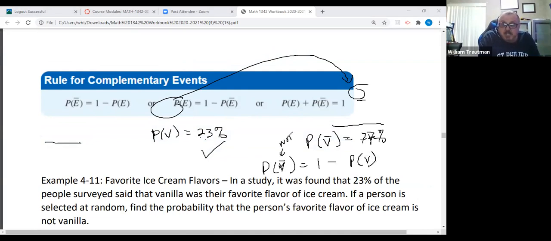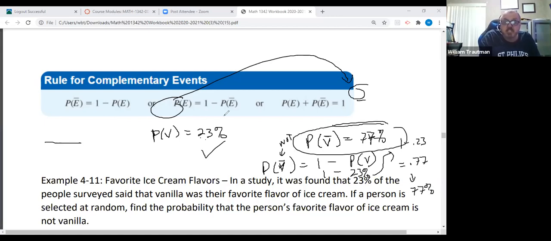If this is 1 minus 23%, we can change 23% to a decimal, which is 1 minus 0.23. On my calculator, that will be 0.77. Change it back to a percentage: 77%.